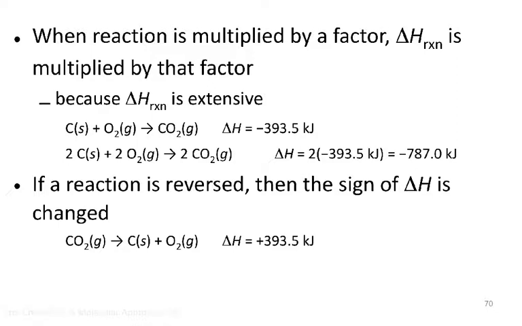For example, the combustion of carbon with oxygen to give carbon dioxide, we have a delta H value. And then if we need to multiply it by 2, we also multiply our delta H by 2. If we have to reverse our reaction, then we just change the sign of our delta H.